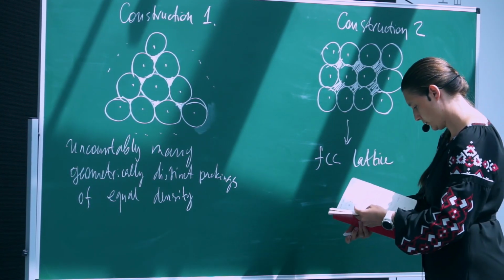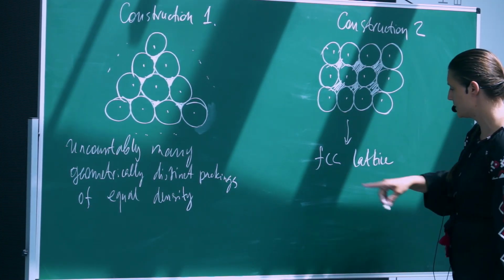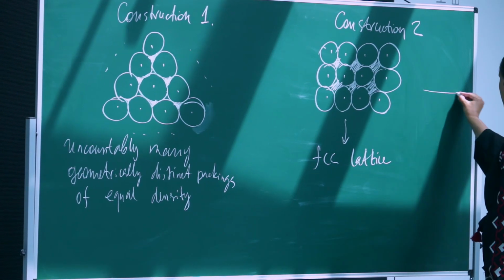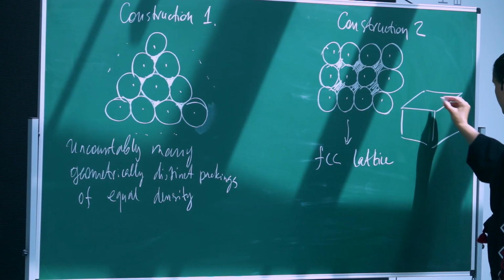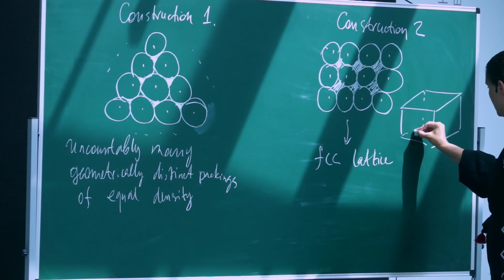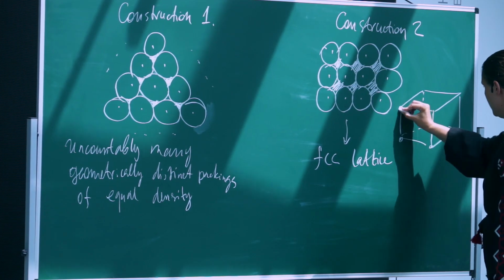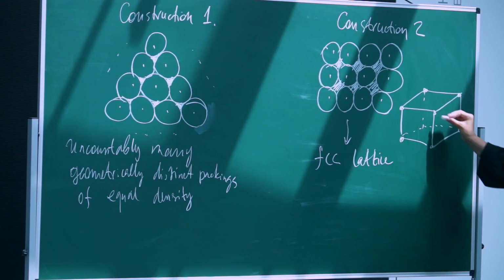So what does this lattice look like? It's called FCC, which means face-centered cubical lattice. If we take a usual cubical lattice, for example, consider all points with 3 integer coordinates, it will not be a good packing. But now we add more centers of the balls.